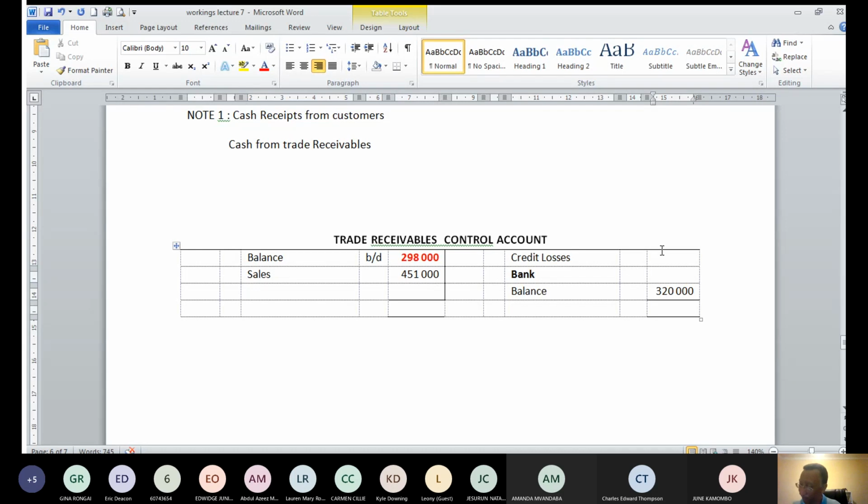From my statement of profit and loss and other comprehensive income, I see that there were credit losses of 3,000 rand. But in my statement of financial position, I see that there's an allowance for credit losses. Last year, my allowance for credit losses was 0. This year, my allowance for credit losses is 1,000 rand.